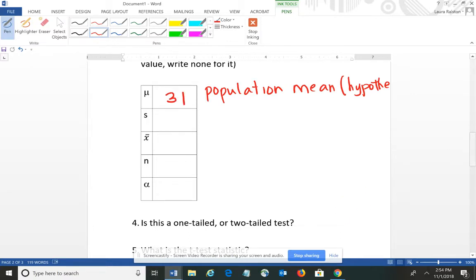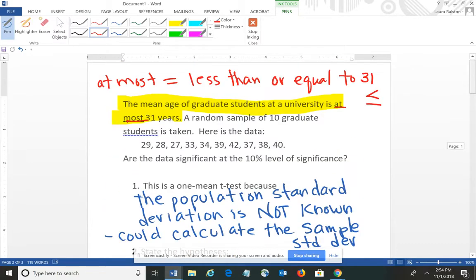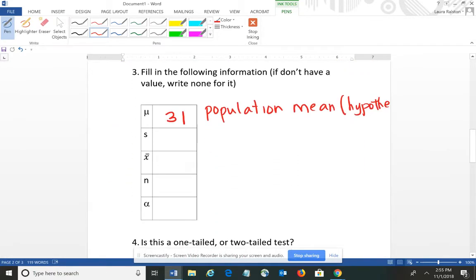The level of significance, in the last statement it says 10% level of significance, and it also tells us we have 10 graduate students. So we have n is 10 and alpha is 0.10 when you write it as a decimal. Now the two pieces you don't have are the standard deviation and the sample mean.